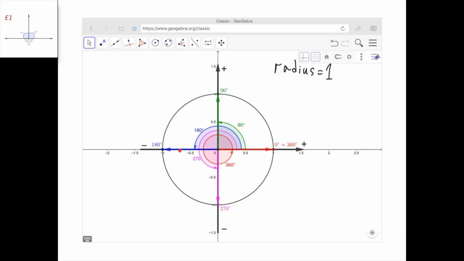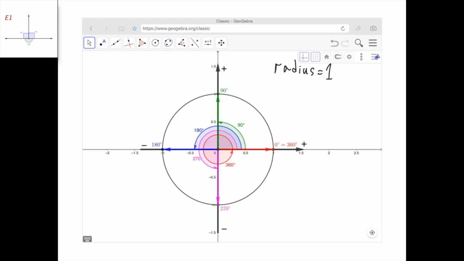If we instead put the second ray right here on the negative x direction, then we can associate this point with the directed 180 degrees angle. And we count the angle like this, from 0 to 90 to 180. If we take the second ray to point in this direction, the negative y direction, the point that we associate with the angle is going to be this point, and the directed angle is going to be 270 degrees. So counting from here, 270 degrees.